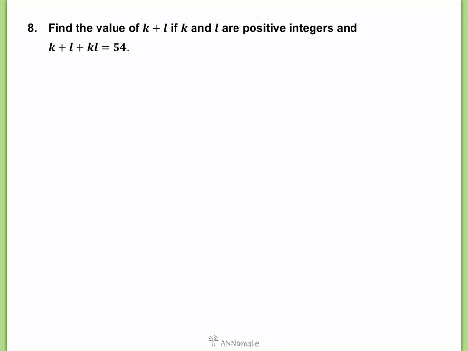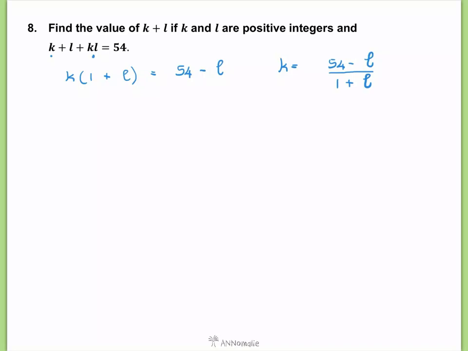So if we take k out as a common factor from k plus kl, we end up with k times (1 plus l), and that is equal to 54 minus l. So k is (54 minus l) over (1 plus l).